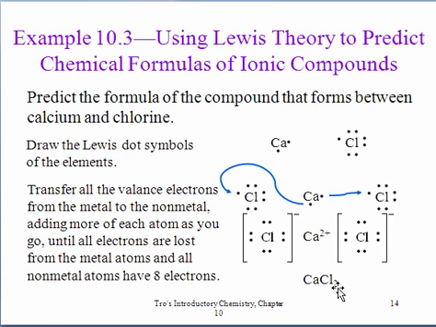So basically, to figure out the formula based on Lewis symbols, we draw out the symbols of each element and we see how many we need to give away and how many we need to gain. And then we have the correct ratio of gainers and losers so that all of our electrons are accounted for.